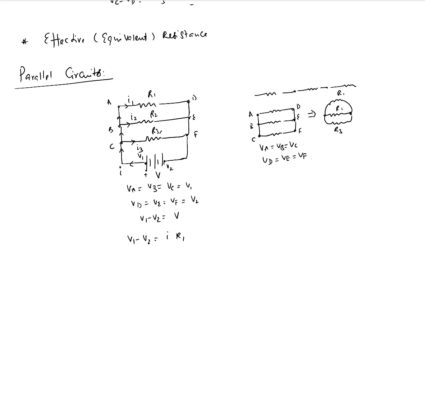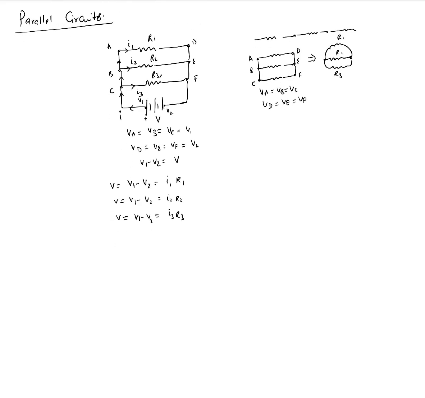So we get that, and then we also have V1 minus V2 equal to I2 times R2, and V1 minus V2 equal to I3 times R3, and they're all equal to the voltage from the battery, right?